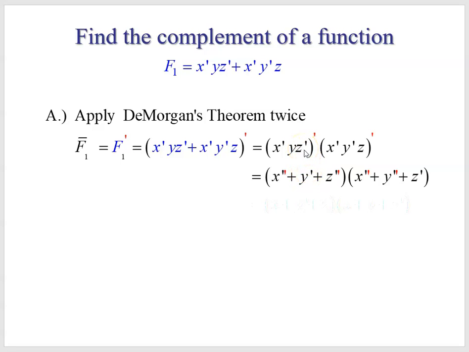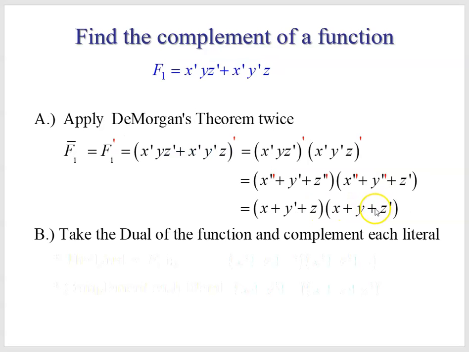The complement of z' is z'', and we can show with the involution theorem that that's equal to z. And similarly, on this other term, we're still ANDing. We're just using De Morgan's theorem on each of these AND terms, converting them to OR terms, and complementing each literal. And we end up with (x or y' or z), that entire OR term, ANDed with this OR term (x or y or z').